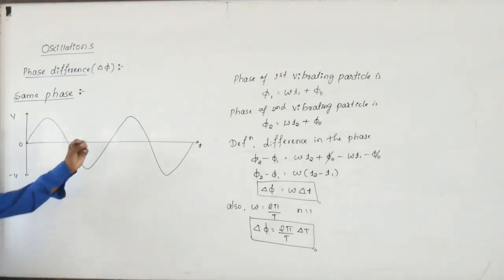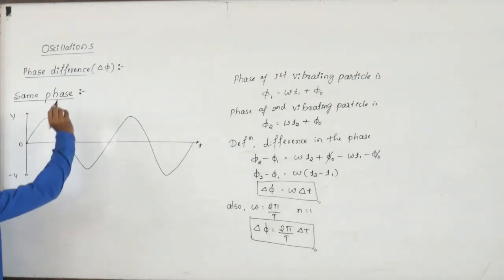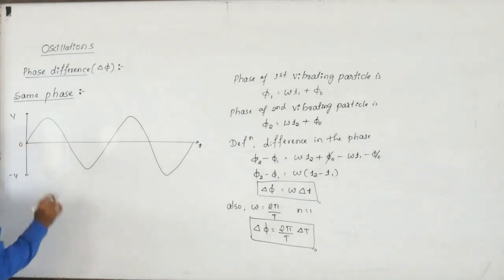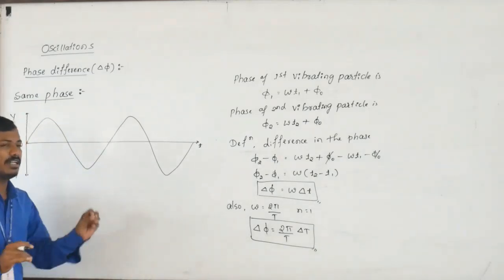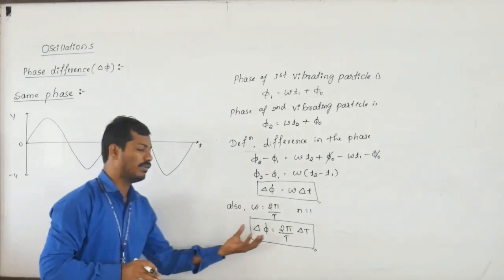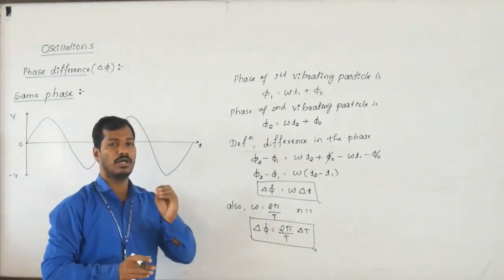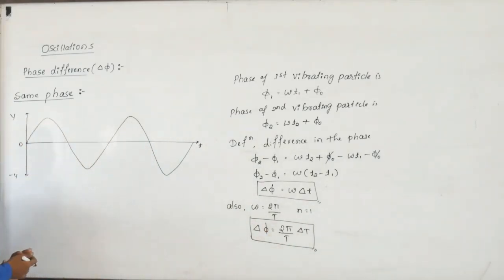If one particle starts to vibrate from its mean position with phase phi 1, we have to calculate the phase difference between the two particles if those two are in same phase.